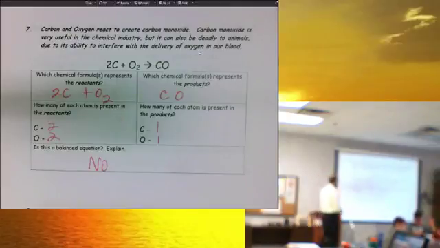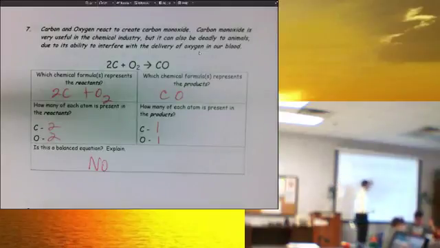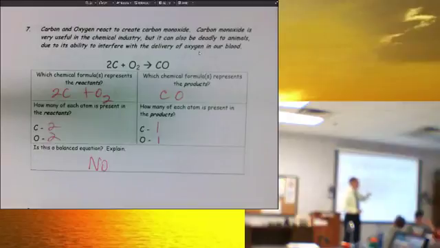So, keeping that in mind, we are going to have to change the number of atoms in this chemical equation. Now, if you remember from our notes last week, what can we change and what can't we? You can only add coefficients. Very good. We cannot change subscripts.